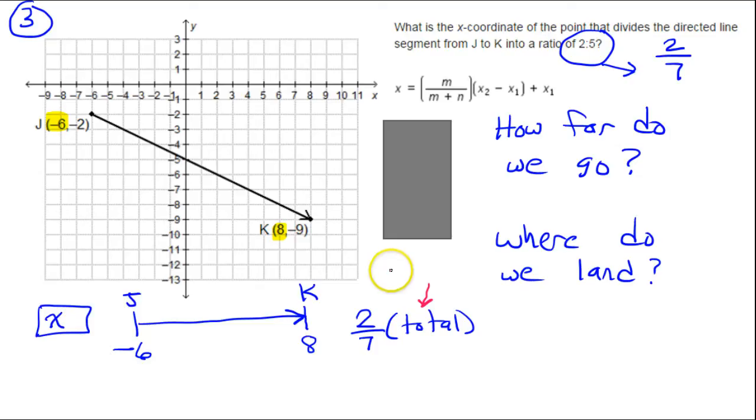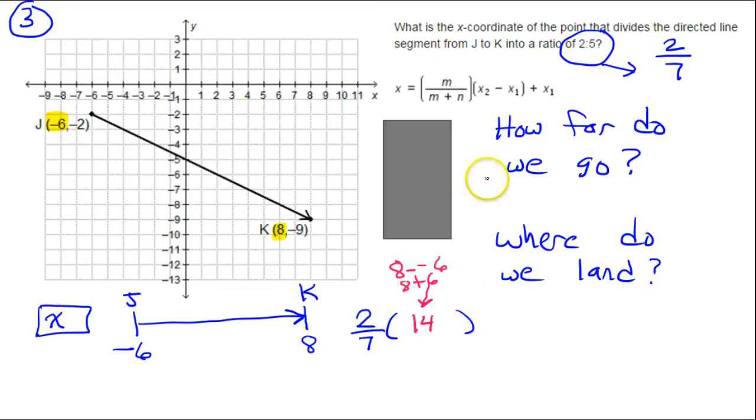So I'm going to be careful to do 8 minus -6. Look at your direction. I'm going from J to K, so I do the end minus the beginning every single time. 8 minus negative 6 is the same thing as 8 plus 6, which is 14.